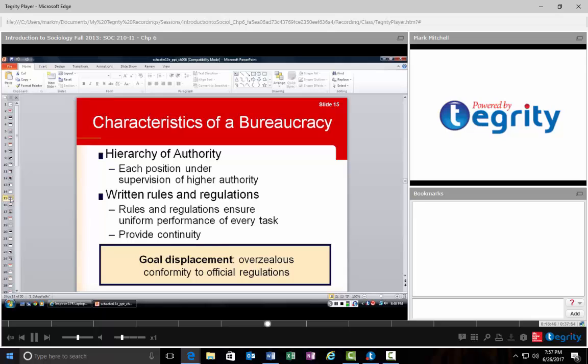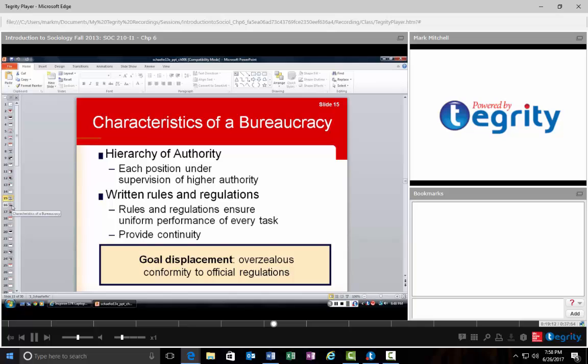All right, more characteristics: hierarchy of authority. Think of a pyramid, and put some steps in that pyramid, and there's your hierarchy, from the CEO or the president of Johnston Community College on down to the bottom rung. Written rules and regulations are a policy manual on how we do things as an organization.